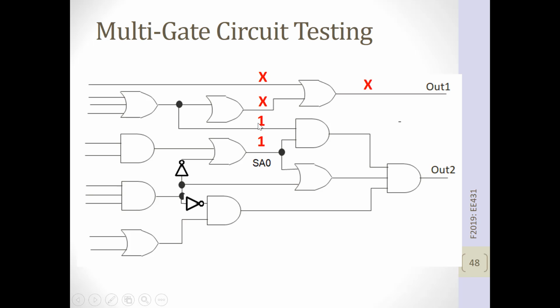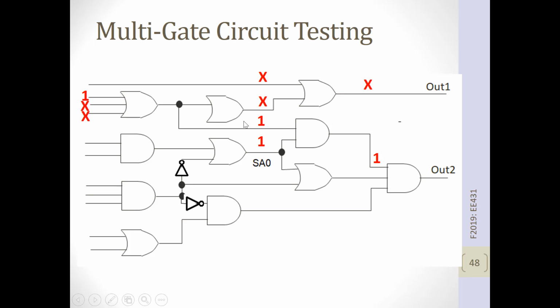But if we're going to use the AND gate to pass the result of this wire through, then we need a 1 on this side of the AND gate. And that will give us a 1 if it's working correctly, and a 0 if it's working incorrectly.